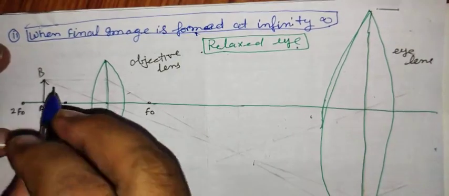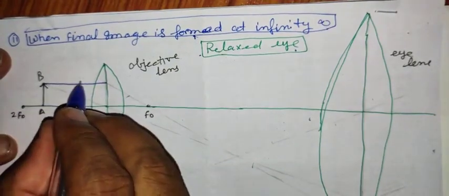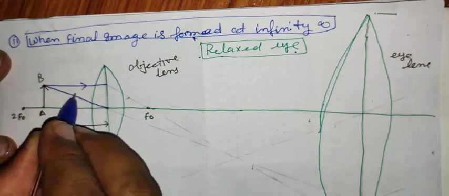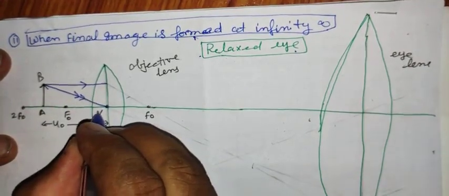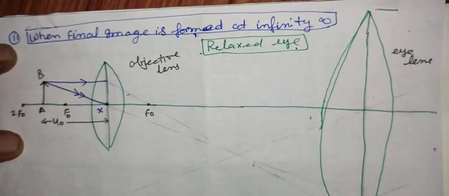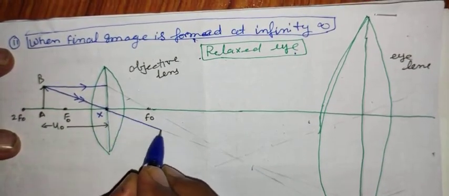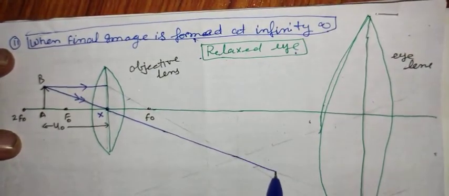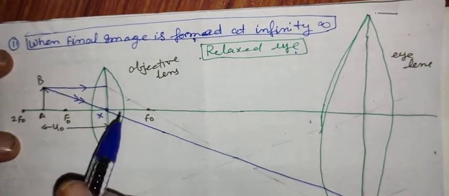See the ray diagram. We take two rays, one parallel to the principal axis, and the second ray passing through the optical center. This point we have taken X. We know it is undeviated and falls on the second lens.